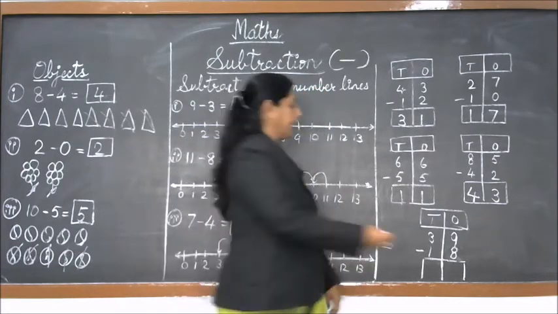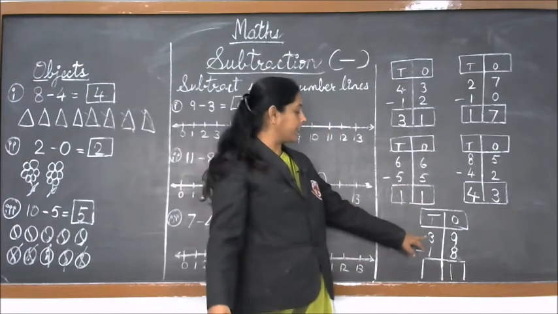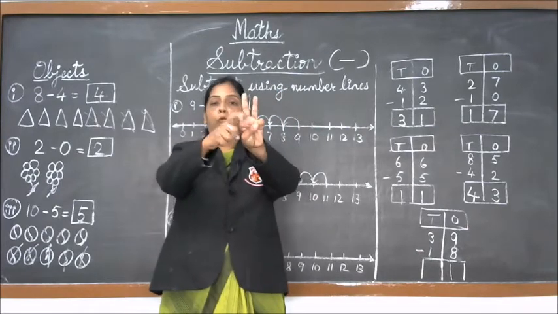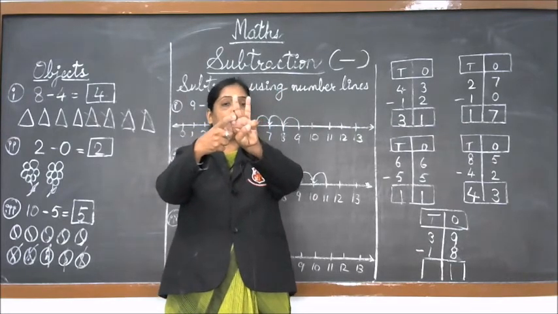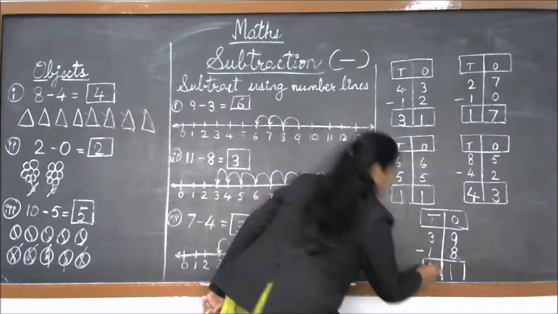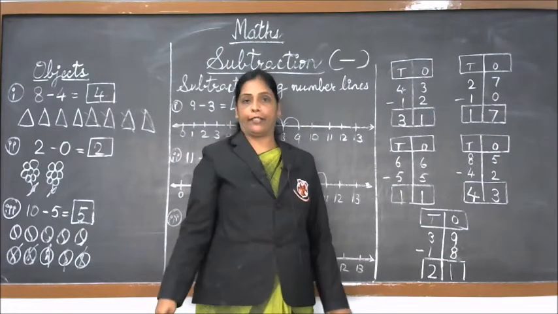How many are remaining? 1. Yes. And in the tens place it is given 3 minus 1. 3 minus 1. How many fingers do I have in my hand? After deducting 1, it is 2. So 39 minus 18 will give you 21.